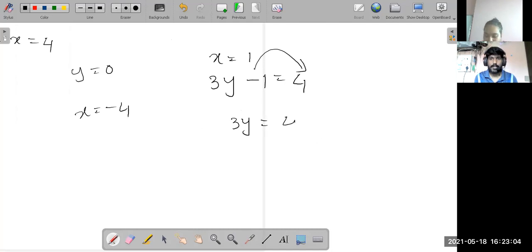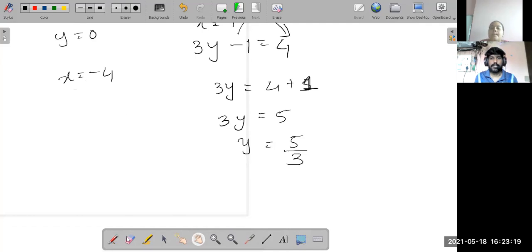And what is 4 plus 1? 5. So y will be equal to 5 upon 3. Okay. And how much is 5 divided by 3? 1.6666666. So take it as 1.6.